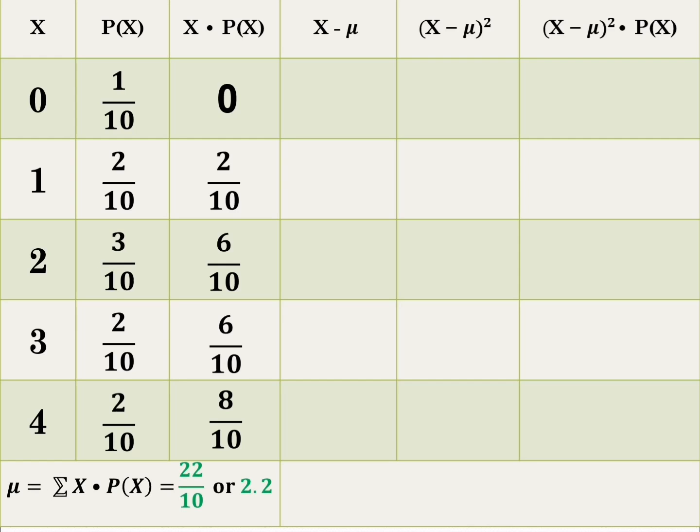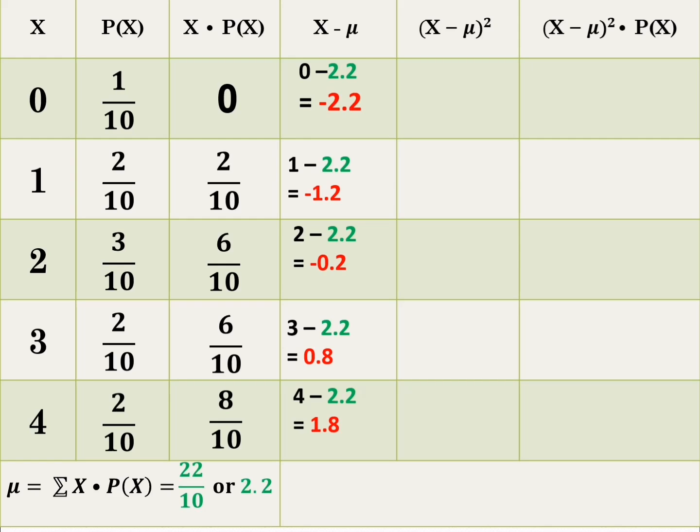So, 0 minus 2.2, that is negative 2.2. 1 minus 2.2. Ito yung 2.2 ha, the value of mean. That is negative 1.2. Next, 2 minus 2.2, we have negative 0.2. And 3 minus 2.2, we have 0.8. And the last, 4 minus 2.2, we have 1.8.